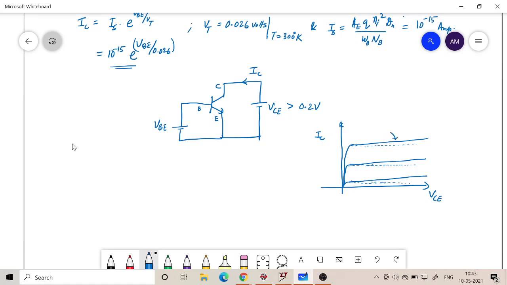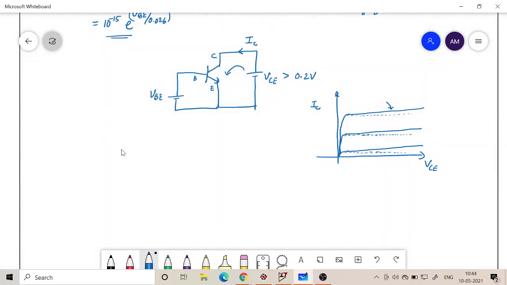So what does that mean? It means that we cannot model the output side of this circuit, this side, as an ideal current source. We need to model it as a practical current source. A practical current source will always have a parallel resistor, and let us call that resistor R0.